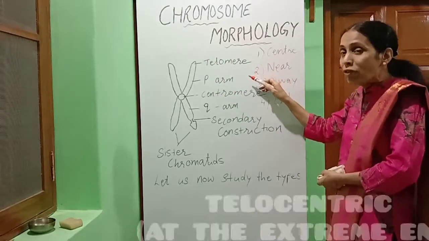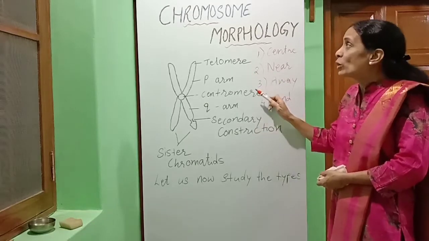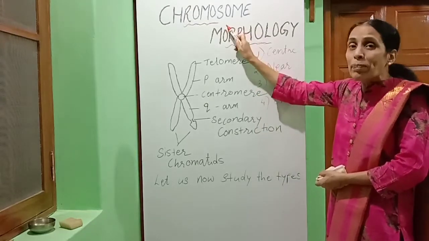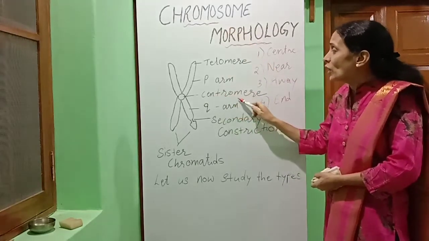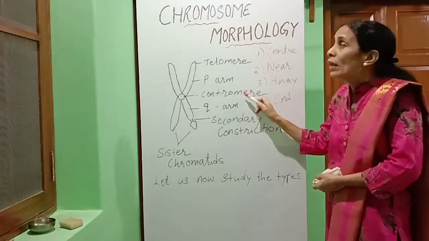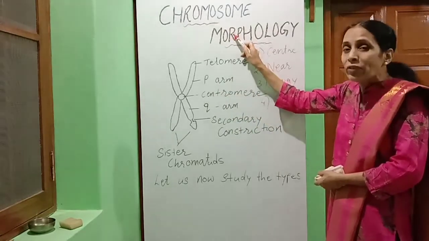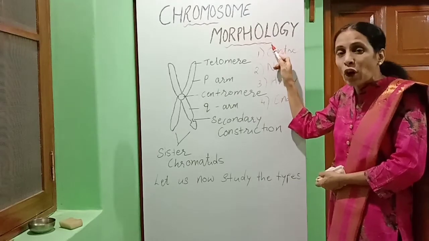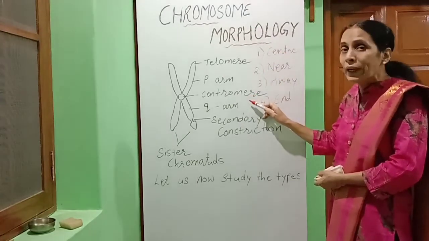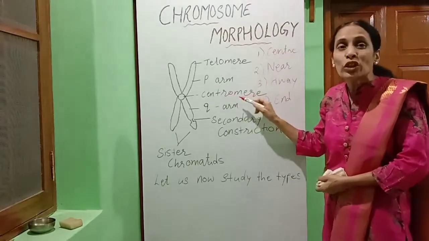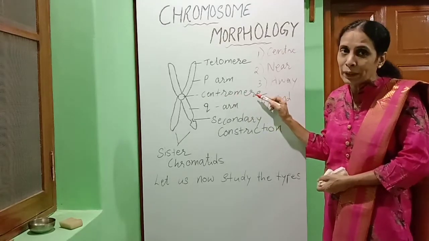So you have 4 types of chromosome depending upon the position of the centromere. That is, you will have different morphology of the chromosome depending on the position of the centromere.